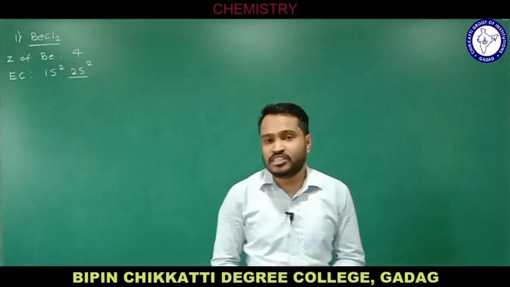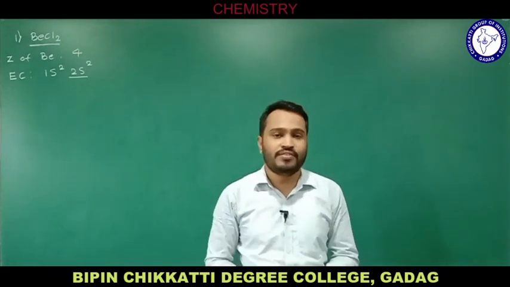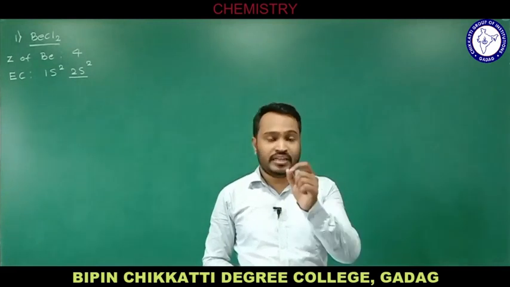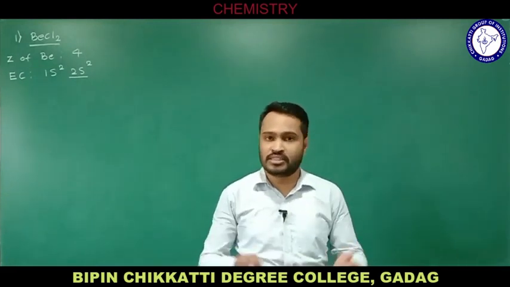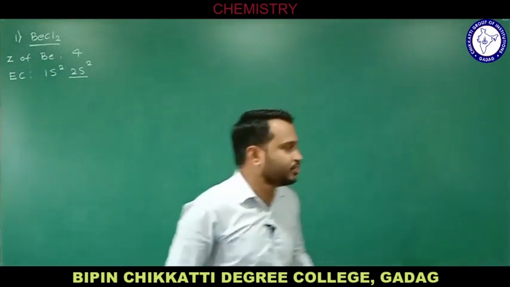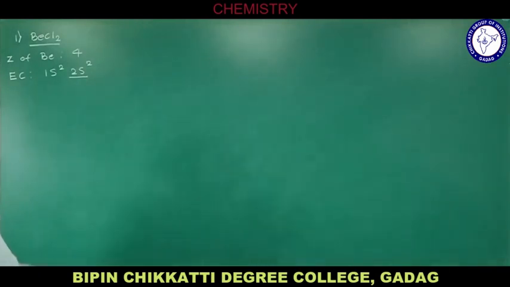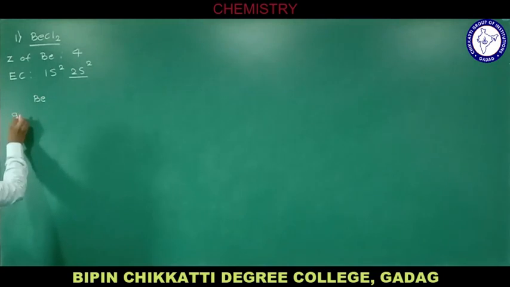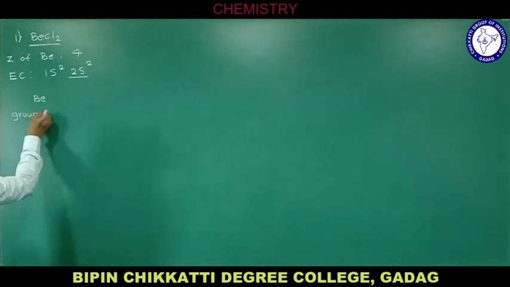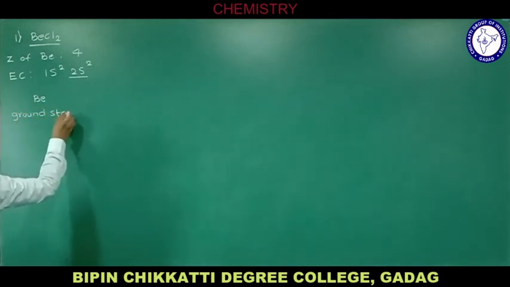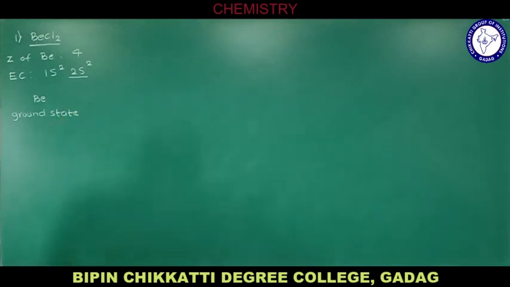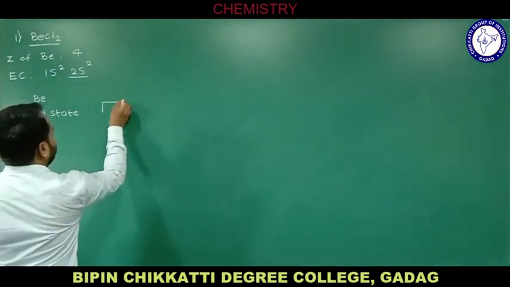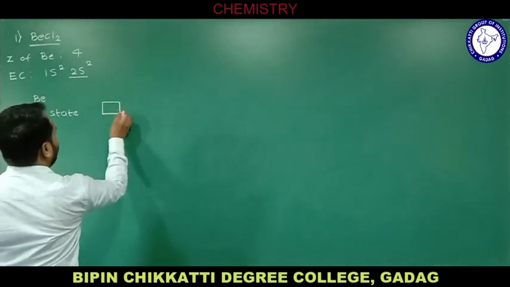To explain the concept of hybridization, as I mentioned, there will be intermixing of atomic orbitals. Therefore, the representation of atomic orbitals helps us to predict the hybridization. So I consider beryllium in the ground state. How can we represent the atomic orbitals? For s we need one atomic orbital.